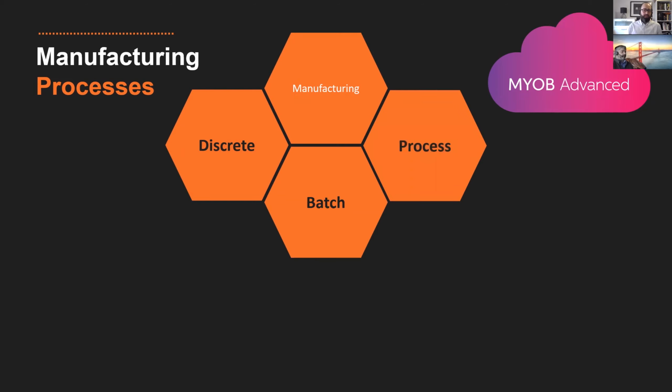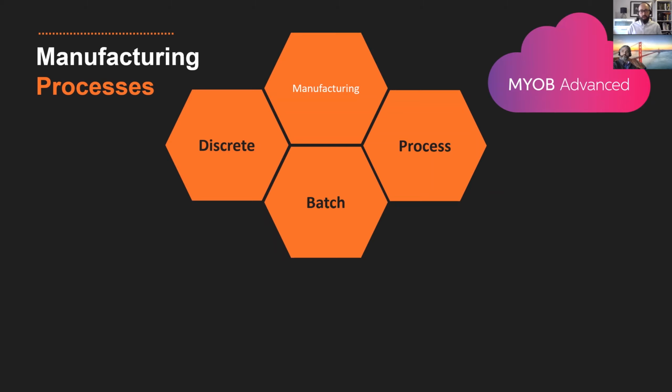The last manufacturing process is similar to batch, but it's called process manufacturing, where it's a continuous line. The volumes of the batch are quite large. The production line cycles can go over many days, or it can just be indefinite. And that can be called process manufacturing, which is quite a unique industry in its own right.